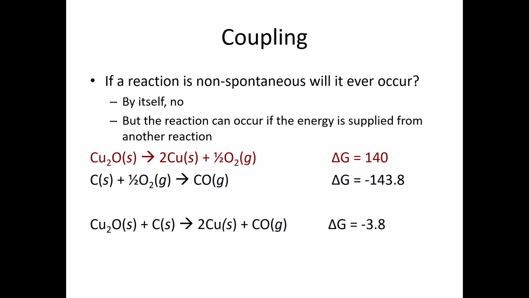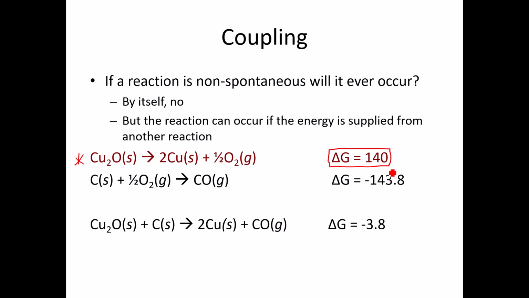So in this example, the reaction that we're interested in is copper oxide breaking down into solid copper and O2 gas. This is beneficial because copper is worth a great deal of money right now, so if we can separate copper from the copper oxide, it can turn a profit. But you'll notice non-spontaneous reaction. So this is not going to break apart by itself.